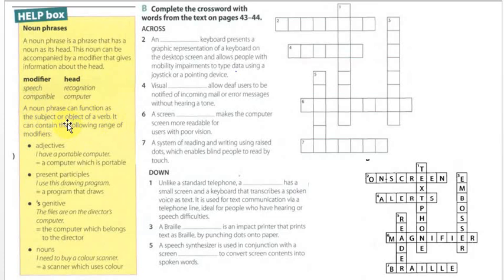It can contain the following range of modifiers: adjective, present participle, apostrophe genitive, and noun. See, I have a portable computer. Which one is the modifier? Portable.